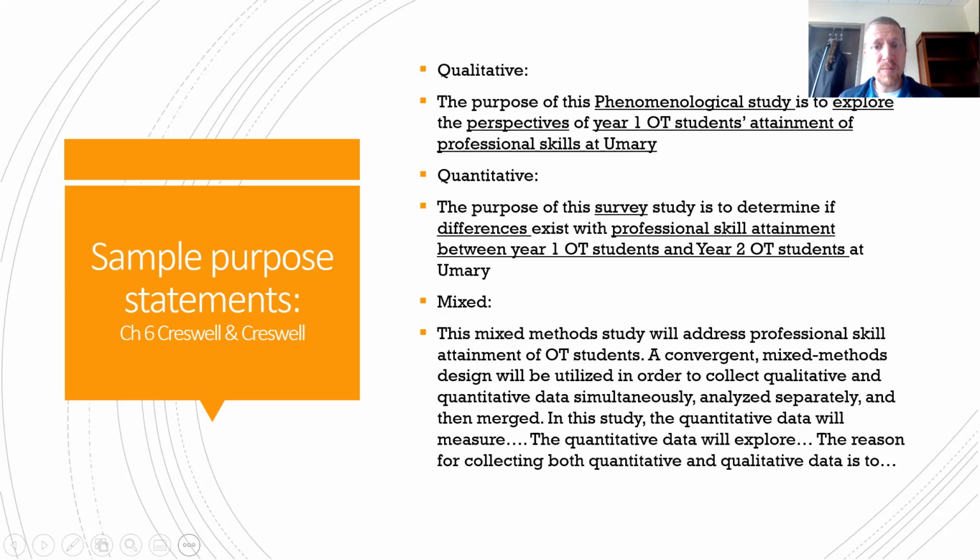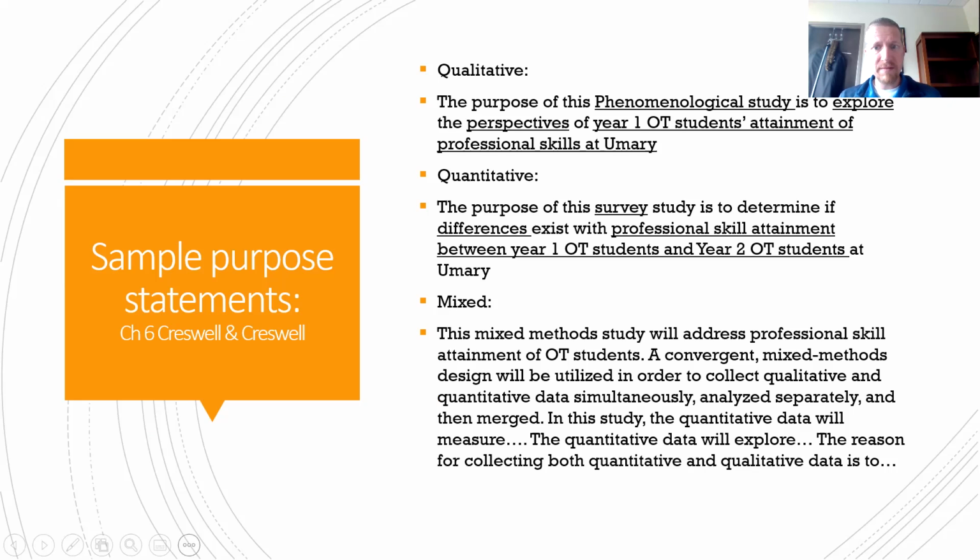With quantitative, you might have a survey design, or you would have your design in there. And so the purpose of the survey design study, or survey study, is to determine if differences exist with professional skill attainment between year 1 OT students and year 2 OT students at UMary. So again, that purpose statement is rather broad because we don't know how we are going to measure professional skills.